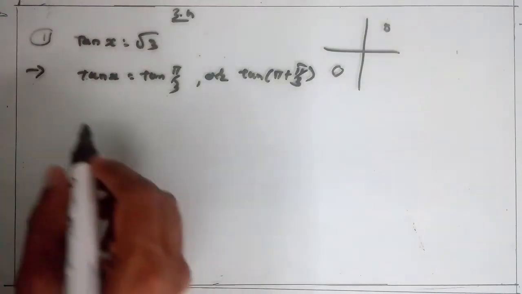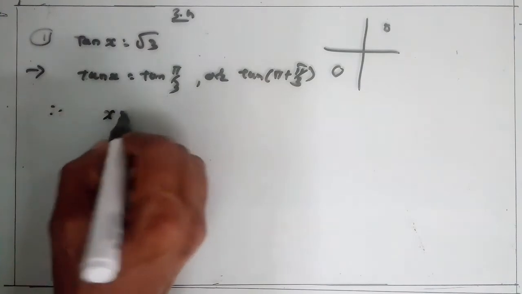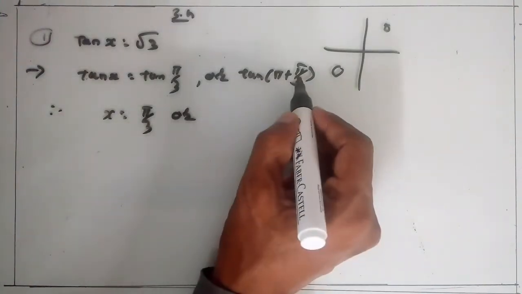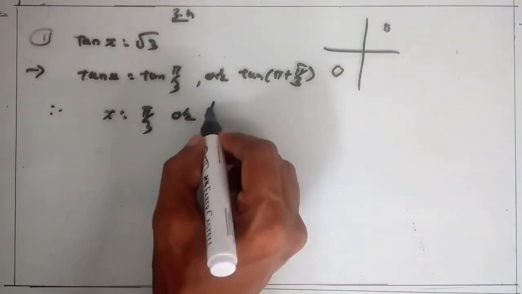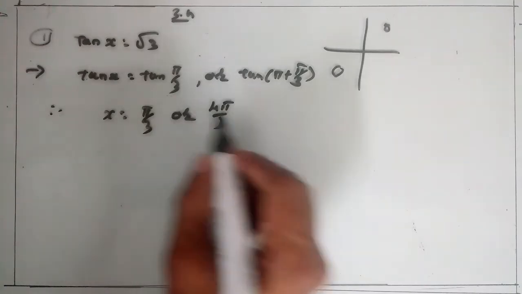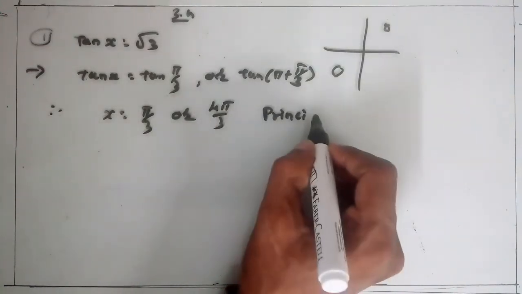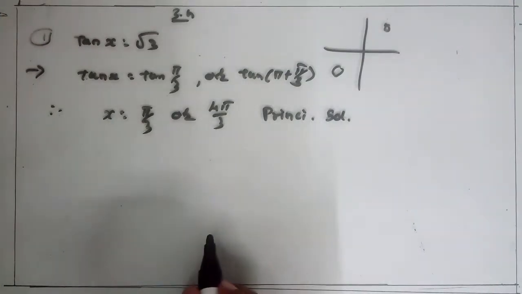Clear this? So therefore x is equal to pi by 3 or x is equal to, taking LCM 3, 3 pi plus pi, 4 pi upon 3, becomes the principal solution. Clear? Principal solution. Is it clear?